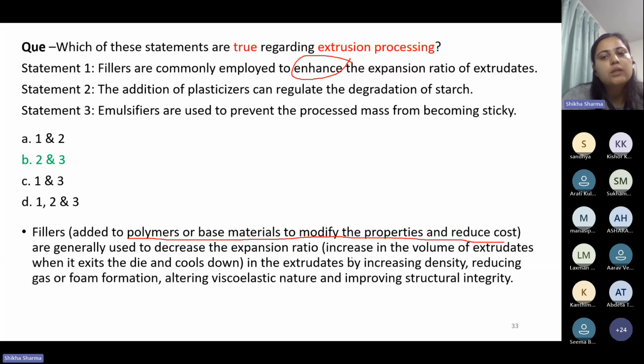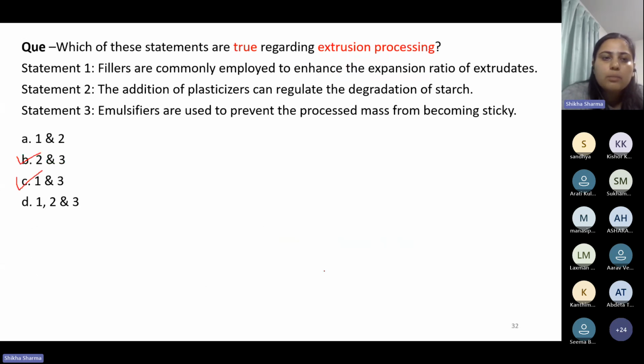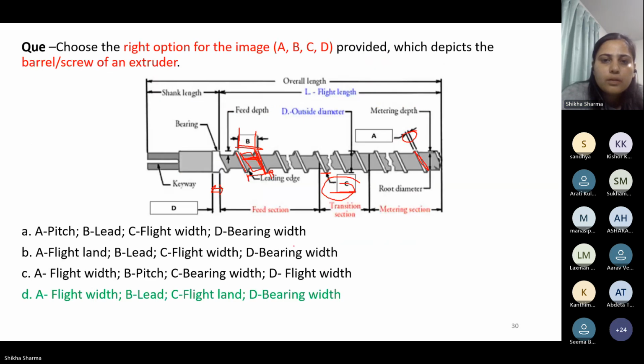So expansion ratio means, when we are using extrusion and the product is coming out of the die, its volume gets increased. When it exits the die or cools down, it swells, right? Mostly we use polymer, so we use a term known as polymer swell because of the change in the pressure inside the extruder.